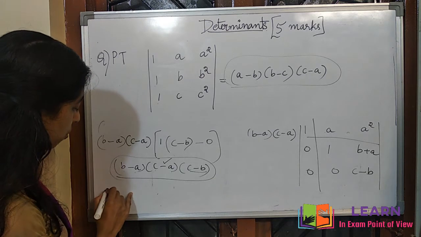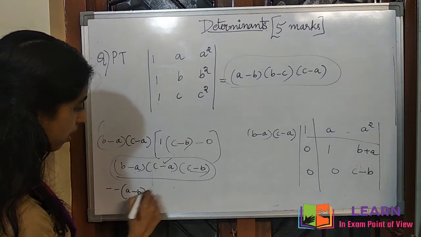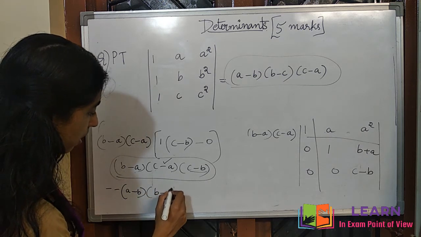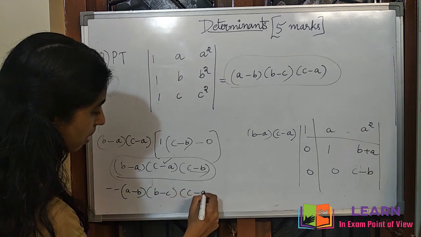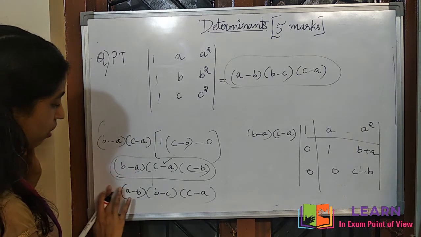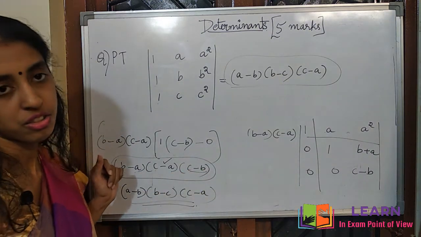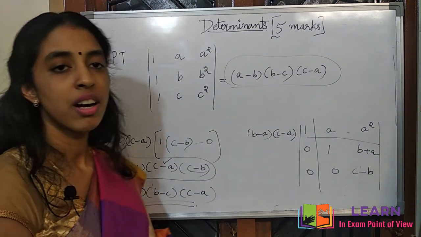If we take two negative signs outside, here it will become a minus b, here it will become b minus c, and this as such c minus a. So two negative signs become plus. So we have proved the RHS. LHS is now equal to RHS.